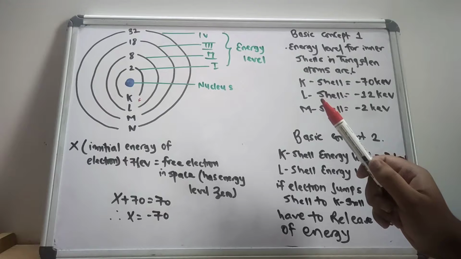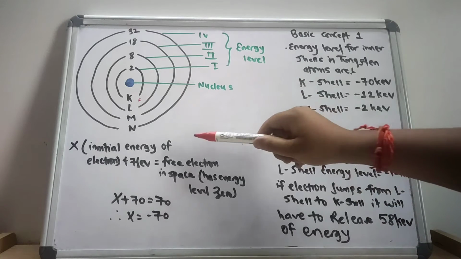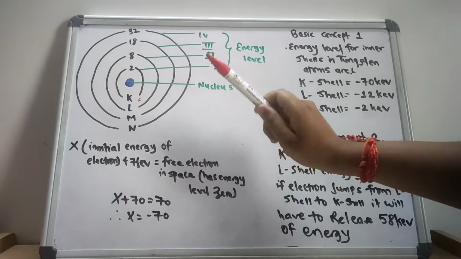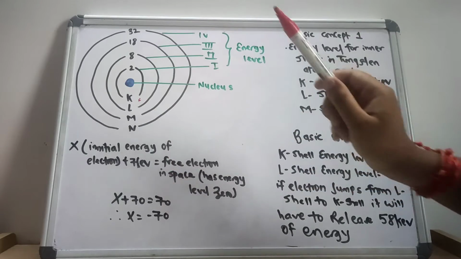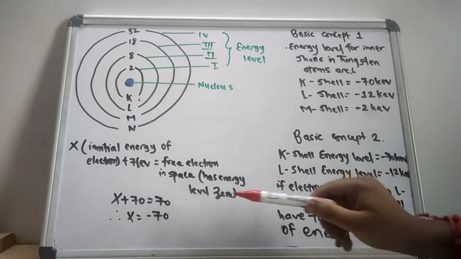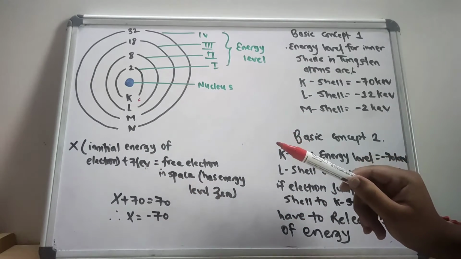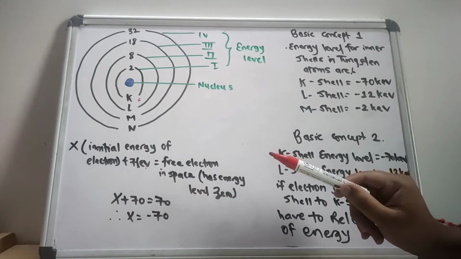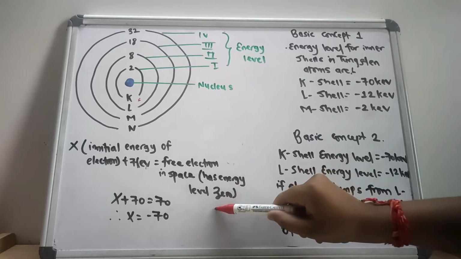The following mathematical equation summarizes the above: X is the initial energy of the atom, and 70 keV is the energy needed to reach a free electron in space that has 0 energy level.